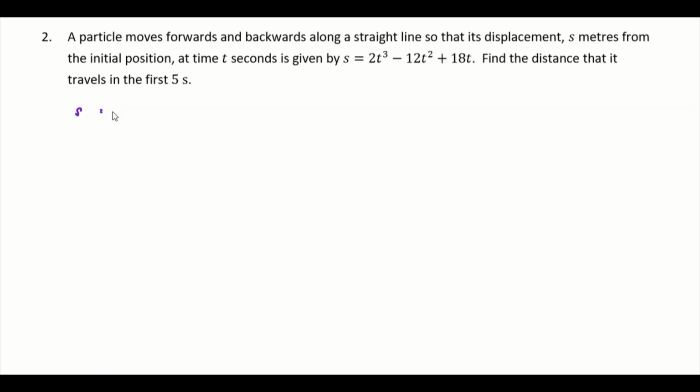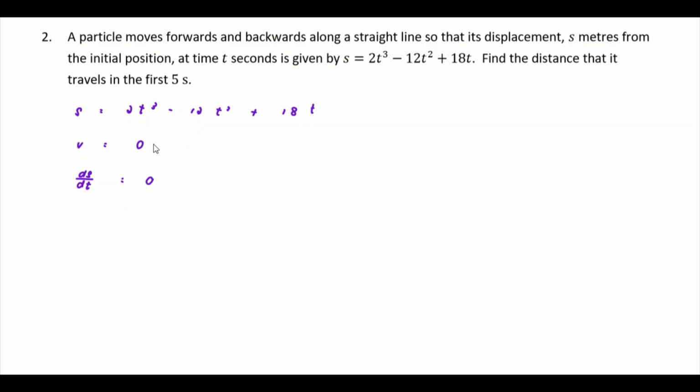Then only by looking at that do we know the distance. So s is equal to 2t to the power of 3 minus 12t squared plus 18t. To find the maximum displacement, we need to use the velocity, right? So when velocity is equal to 0, in other words, ds/dt is equal to 0.